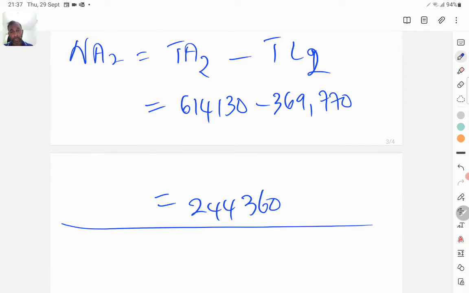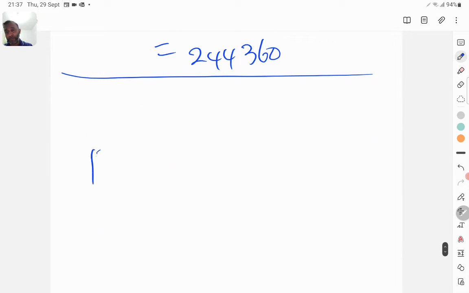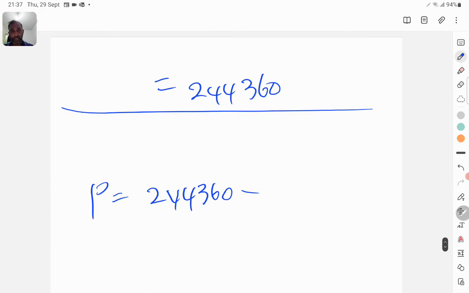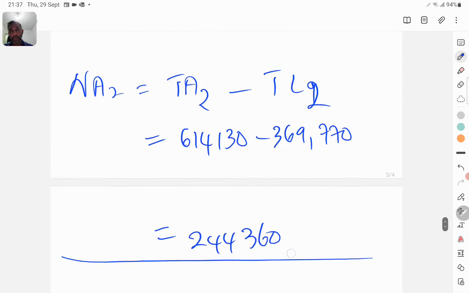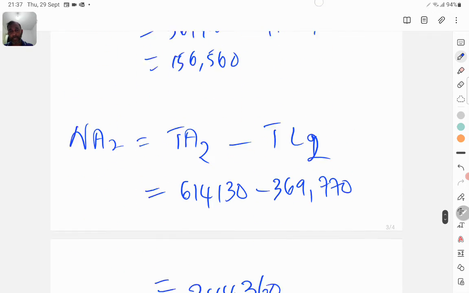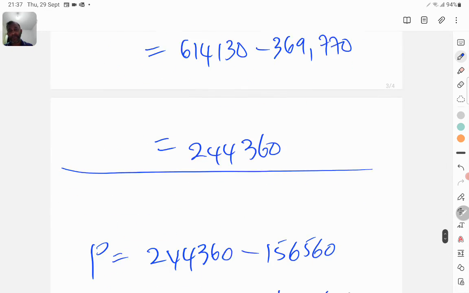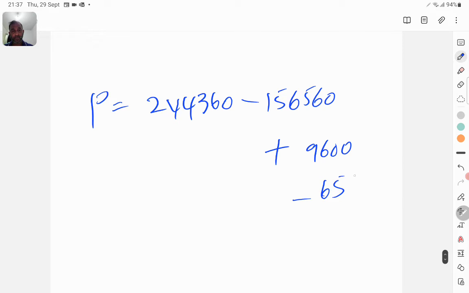244,360. Now accordingly profit will be equal to 244,360 minus 156,560 plus drawings 9,600 minus additional capital introduced 65,000. Let's work out.